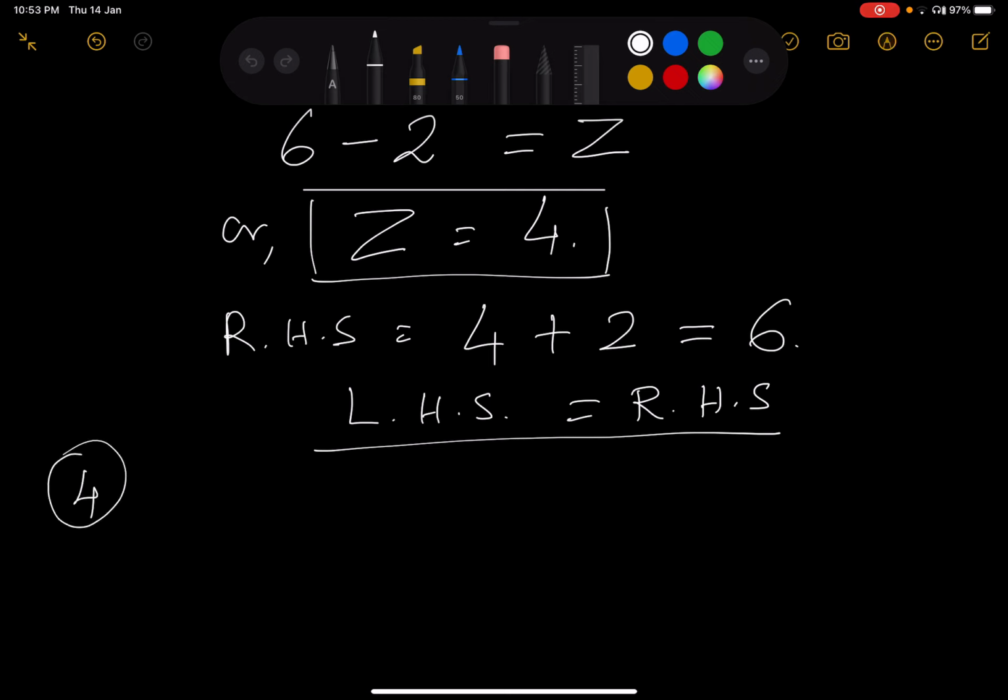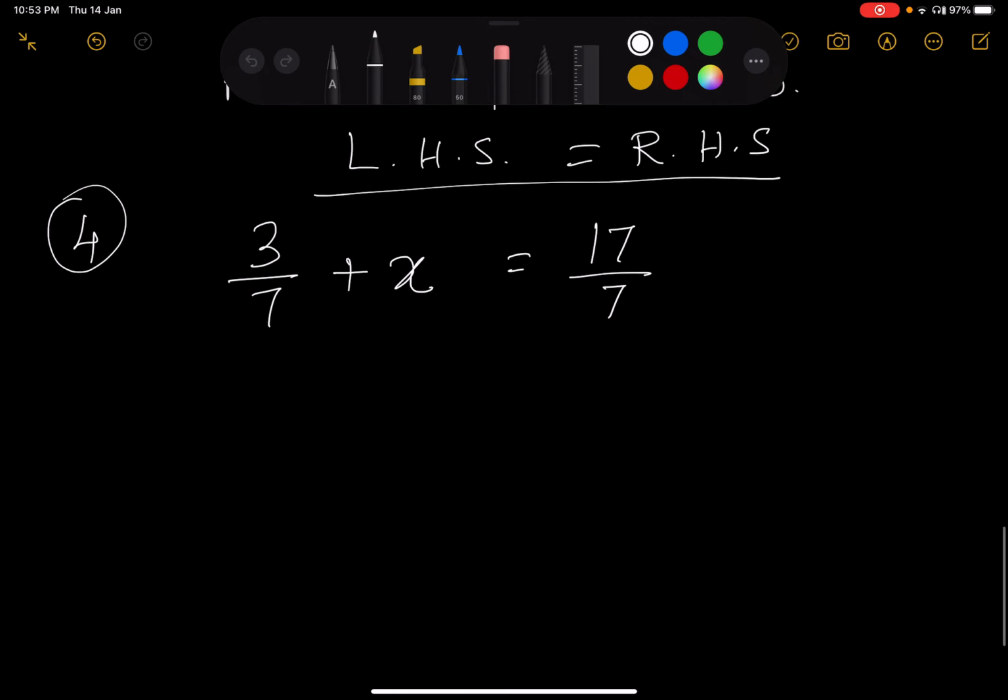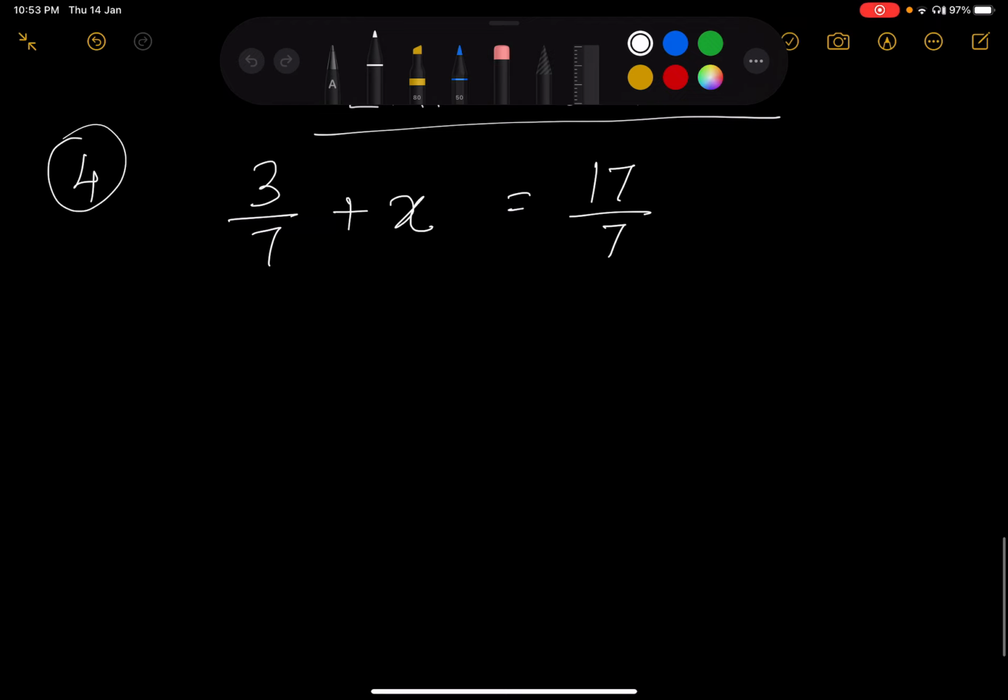So fourth problem, it is given in fractions. So 3 by 7 plus x is equal to 17 by 7. This is the fourth problem. So this can be somewhat difficult for you, but no need to worry.